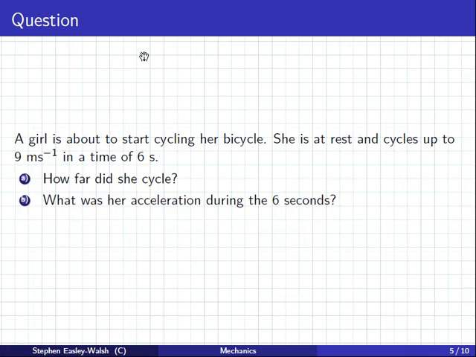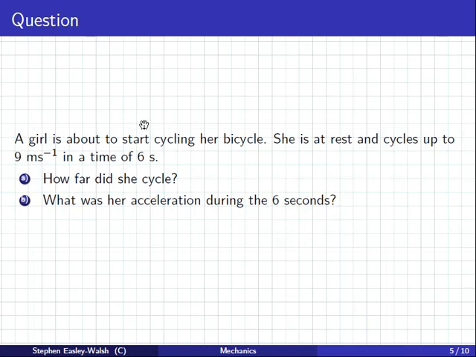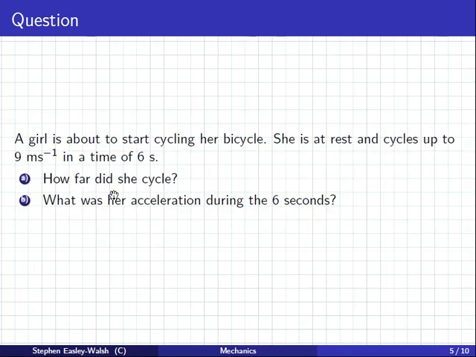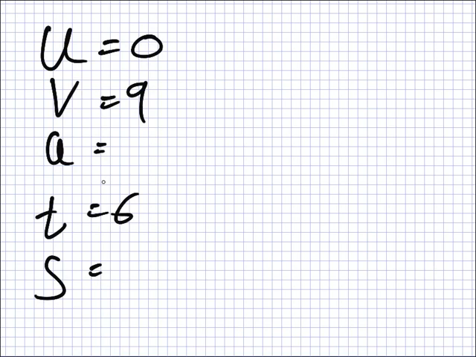And what do we know next? V is 9. And what do we know next? Time is 6. First I want to know how far did she cycle. I want S. Look at the formulas I gave you. Which one could give me S if I have U, V and T?